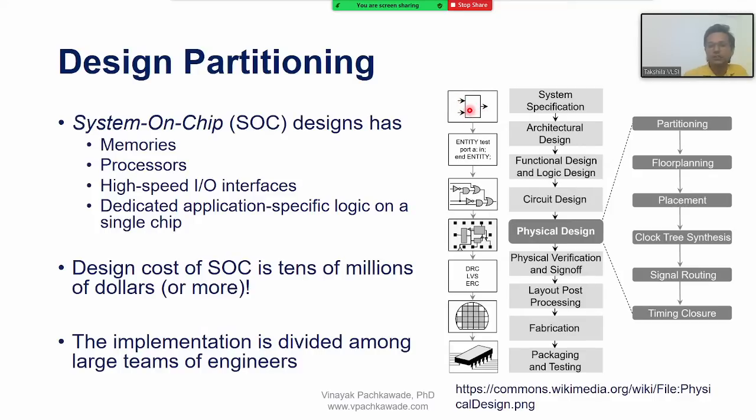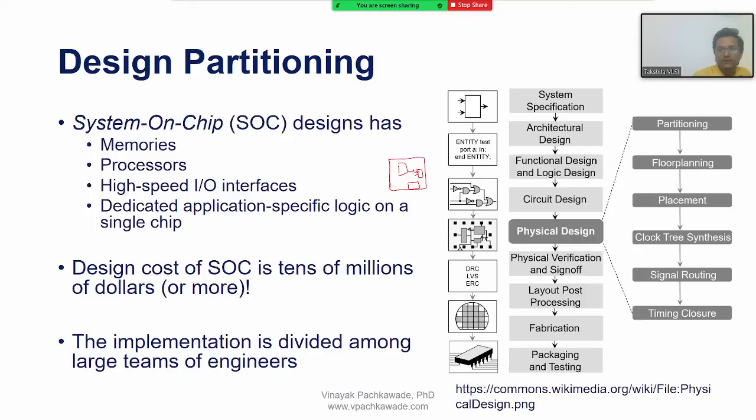So what is system and chip? First of all, it will have memories, in this design, as I said earlier. It will have some processors, it will have high speed input output IO interfaces. So the chip will communicate within the blocks. For example, here is your chip, and then you have these blocks, memory, processor, and so on.